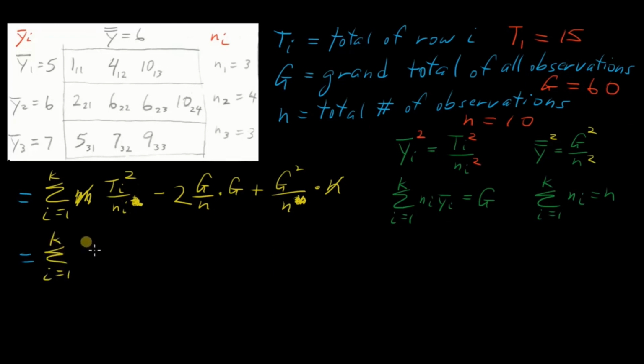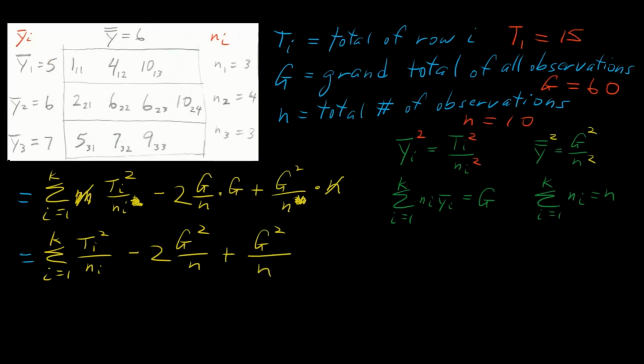Okay, so I just shifted that up, and now continuing on here. So we're going to have Ti squared over Ni minus 2 G squared over N plus G squared over N. And now, same thing as last time, those are just going to combine.